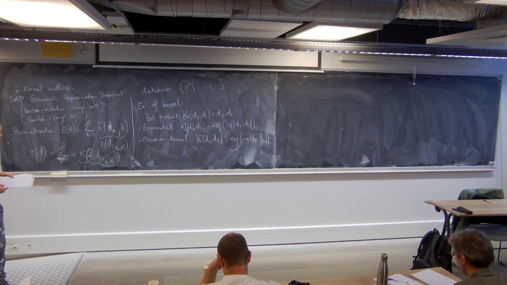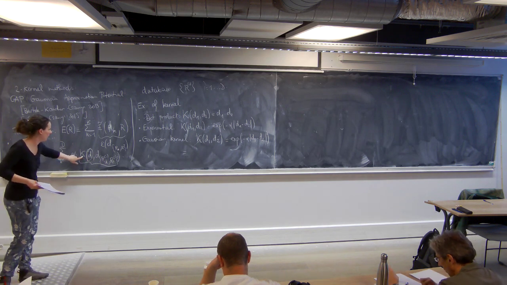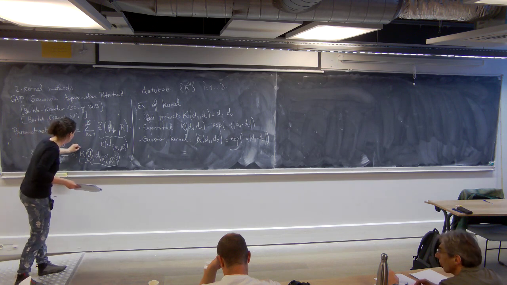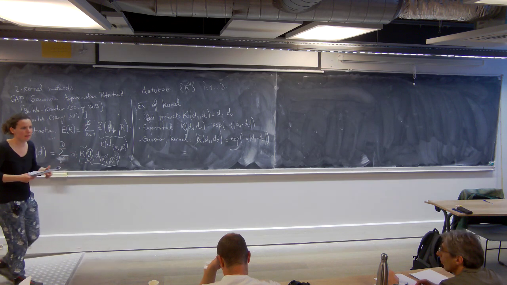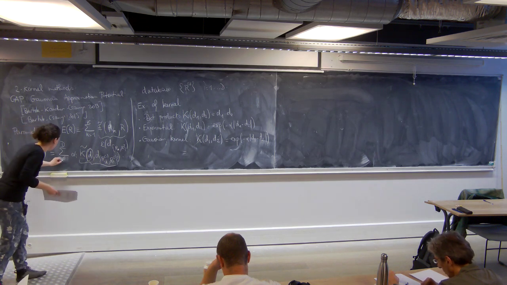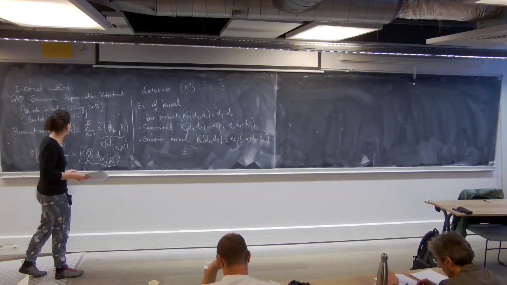Sorry? Here? Oh, you mean here? This is a function. Okay, this is not the same. Yeah. Okay, let's put a tilde. The index in the sum is small k_i, but it's not the same as the small k above. Yeah, the first sum.